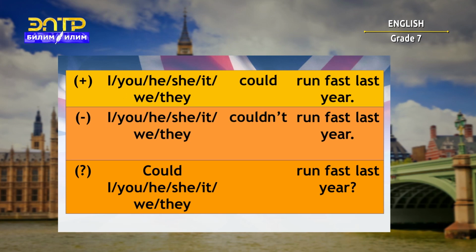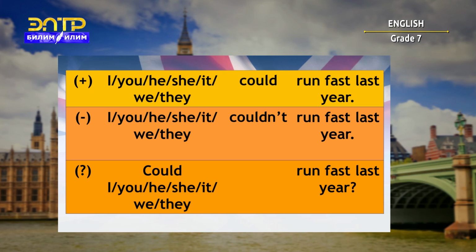So, to make a positive sentence, we just follow a simple rule. First come pronouns such as I, you, he, she, it, we, they, and then the verb could, and after that come other parts of the sentence.